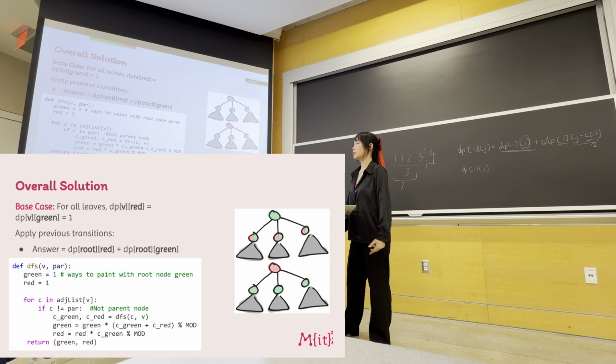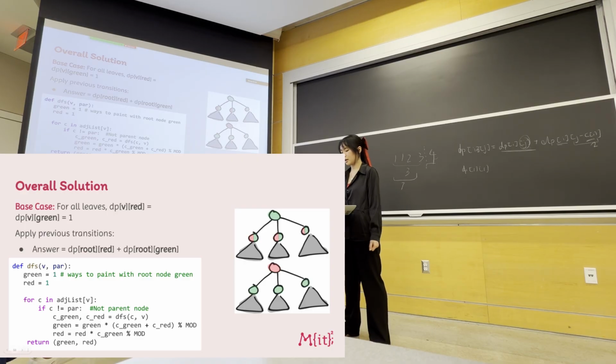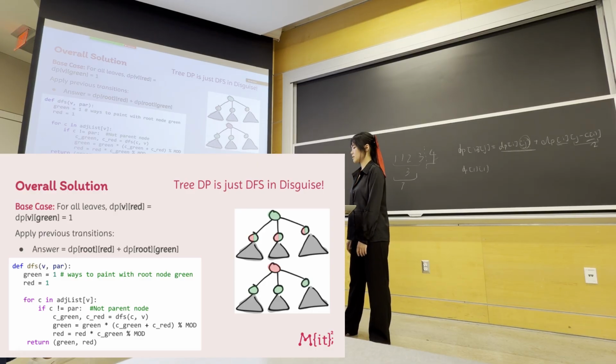And if it's red, you only multiply it by C green. And once again, as noted earlier, we should be taking the mod after each step to prevent overflow. And we return green, red at the end. Note that tree DP is just DFS in disguise.